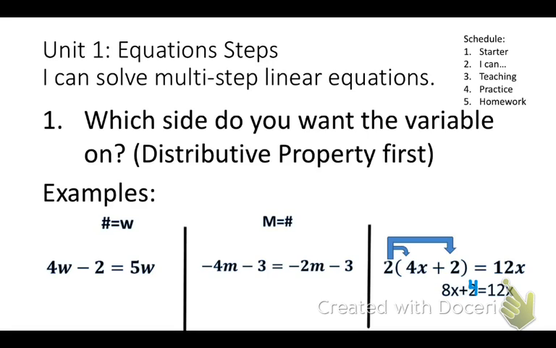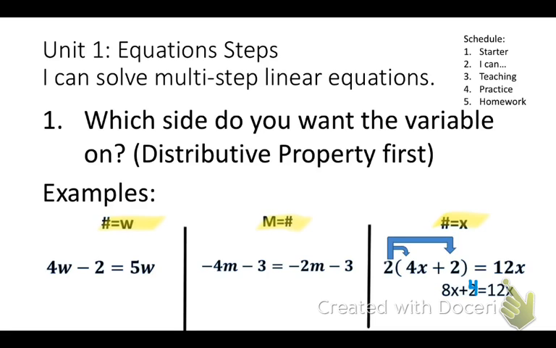Okay, so then I can go through and now make the decision, do I want my x's on the left or the right? I see that I have 12x on the right side, so I'm going to move my x's over. So that's what I do. All right, so on your notes, write that down.